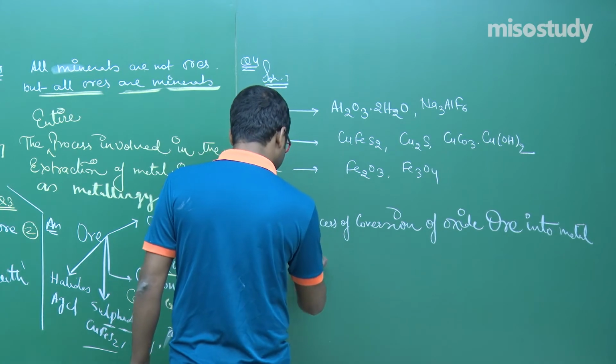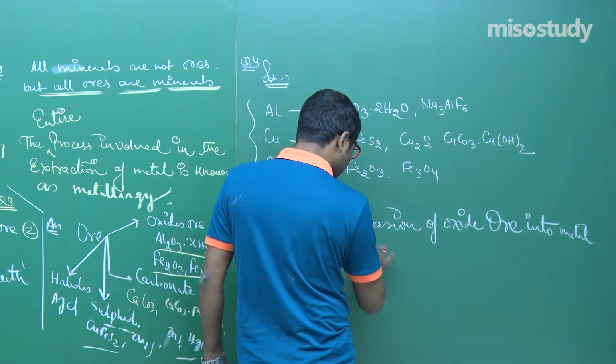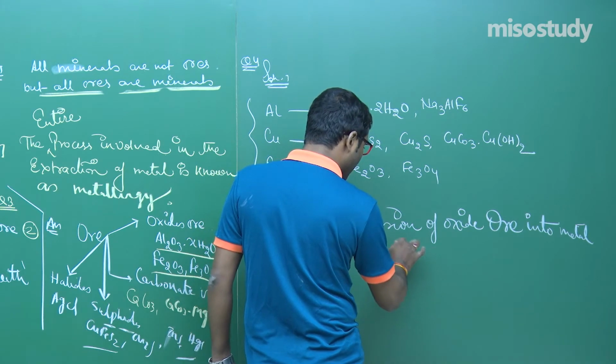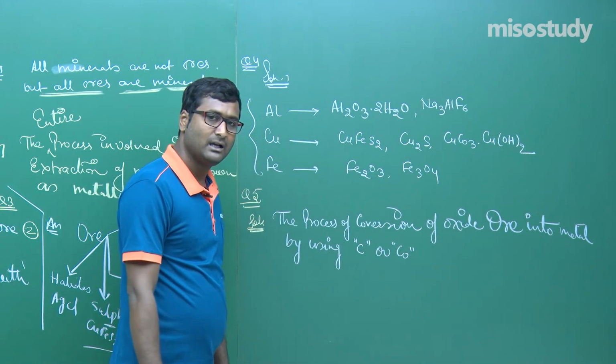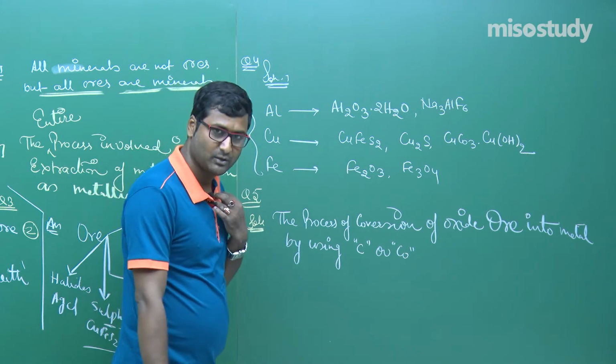by using, listen carefully, carbon or carbon monoxide. That is, you can say by using carbon, in the form of charcoal, sometimes in the form of graphite, in the form of carbon monoxide.